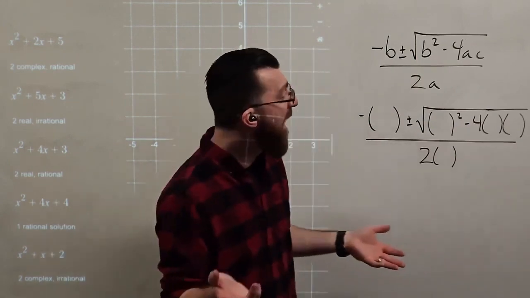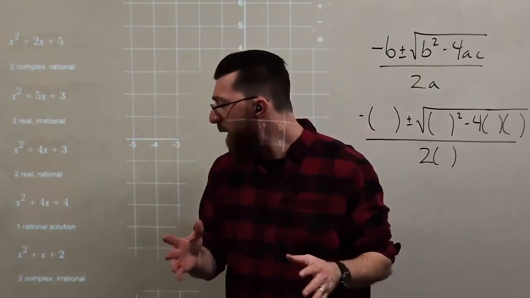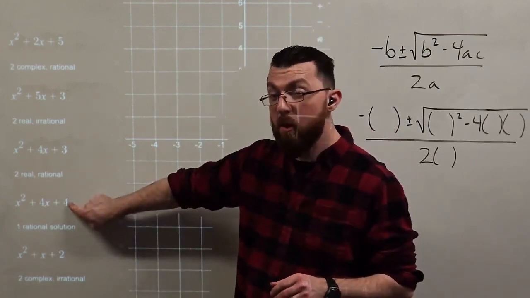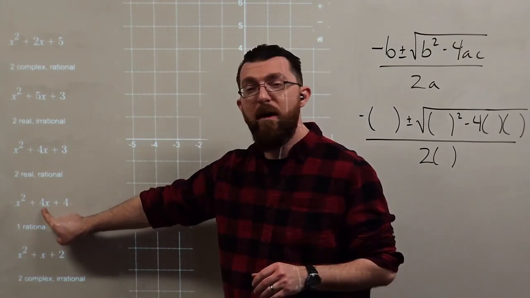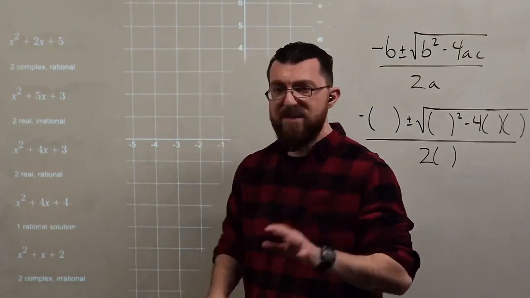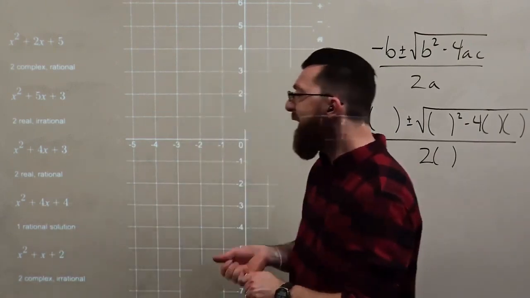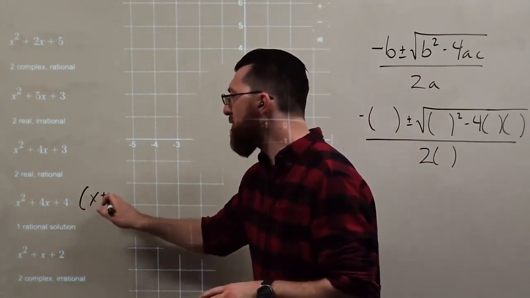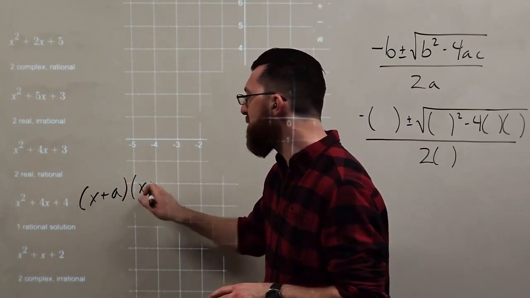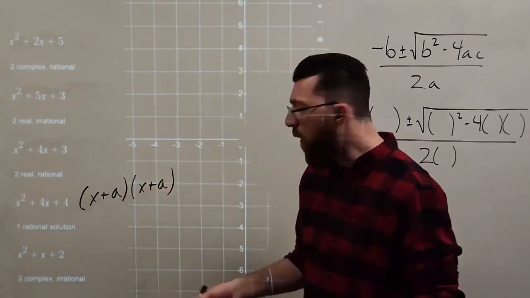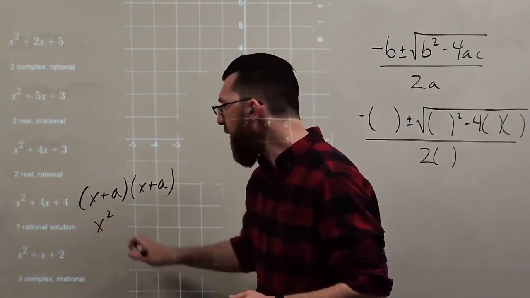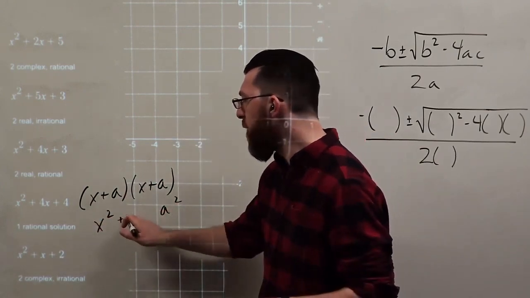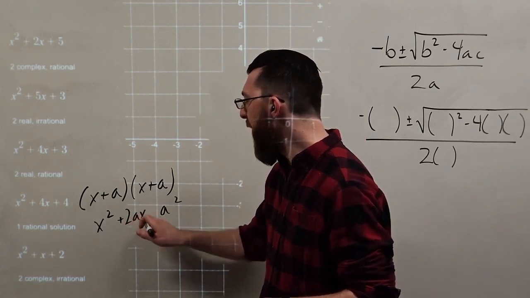There's nothing there. And you'll know that you have this situation where the last term is the square of half of the middle term. I know that sounds a little convoluted, but if you have a parabola which is a perfect square, x plus a times x plus a, when you FOIL that, you end up with x squared on the left side, a squared on the right side, and in the middle, plus 2ax.